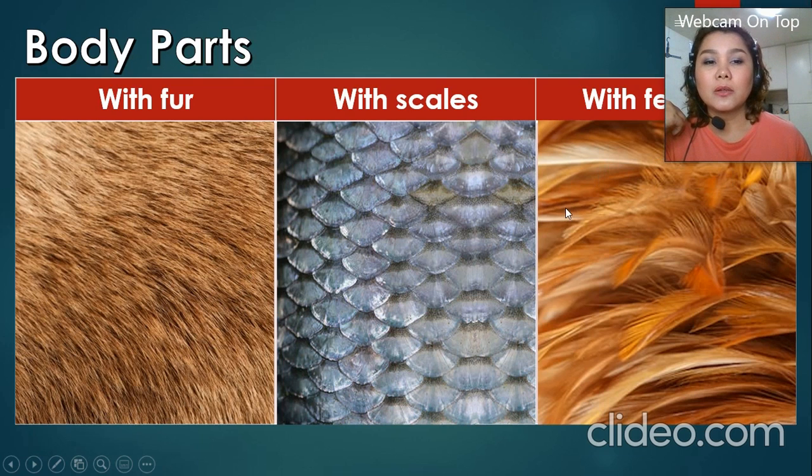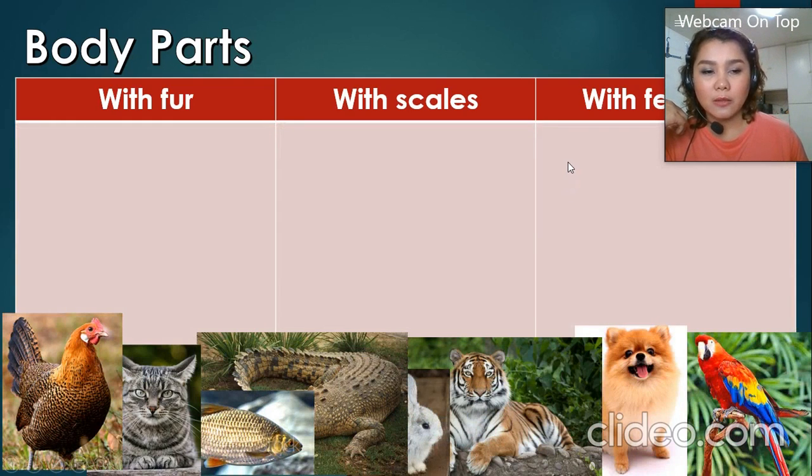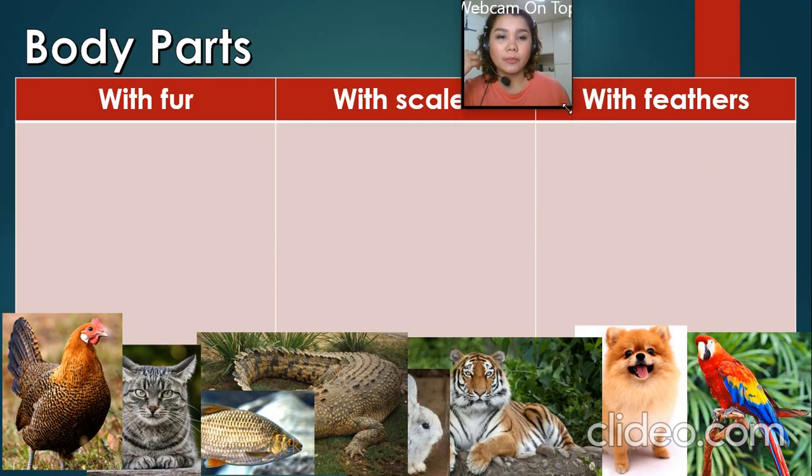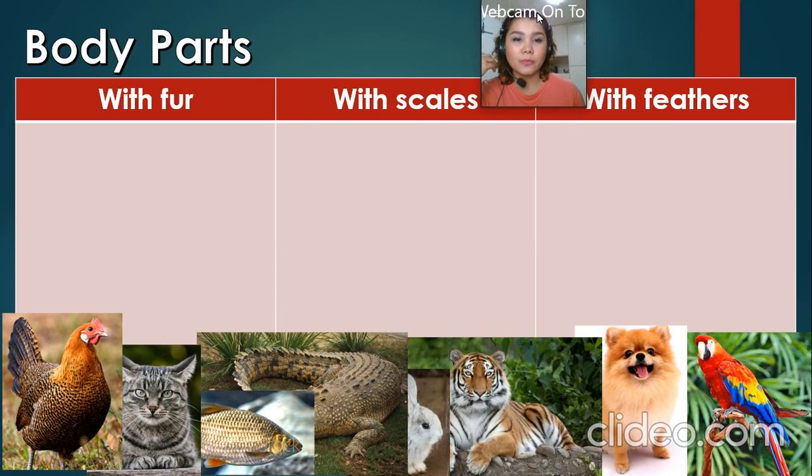Okay, so we have here another set of animals. We're going to group them if they have fur, scales, or feathers. I'll make myself smaller. Okay, starting from the left, chicken. Fur, scales, or feathers?